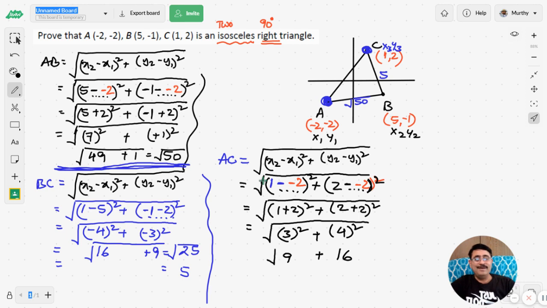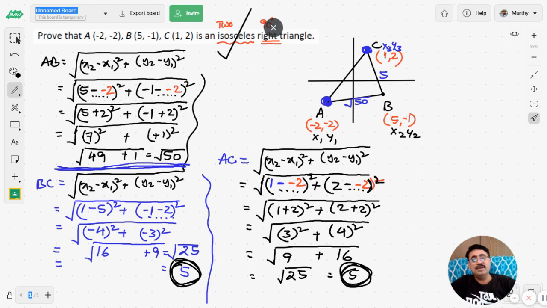You can see there's a big smile on my face because 9 plus 16 gives me square root of 25, that is equal to 5. So please notice that two of these sides are equal. Therefore, this is an isosceles triangle.